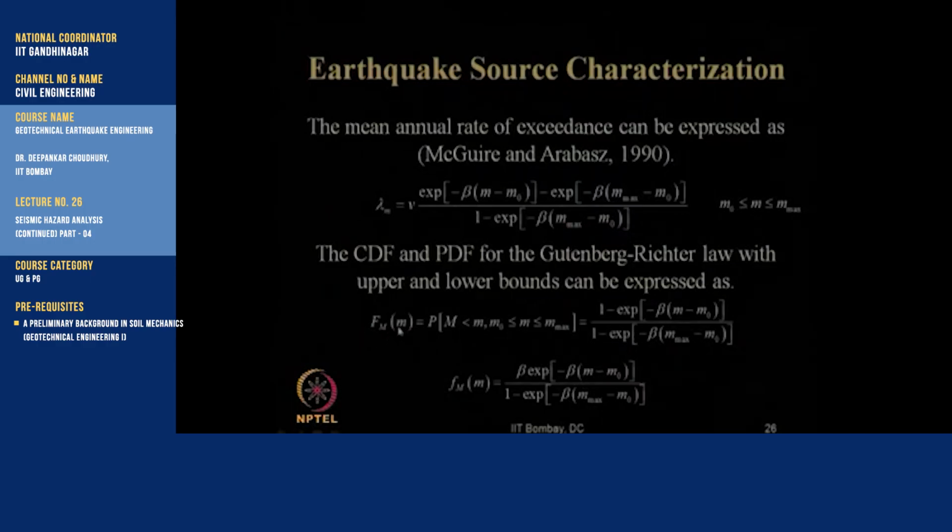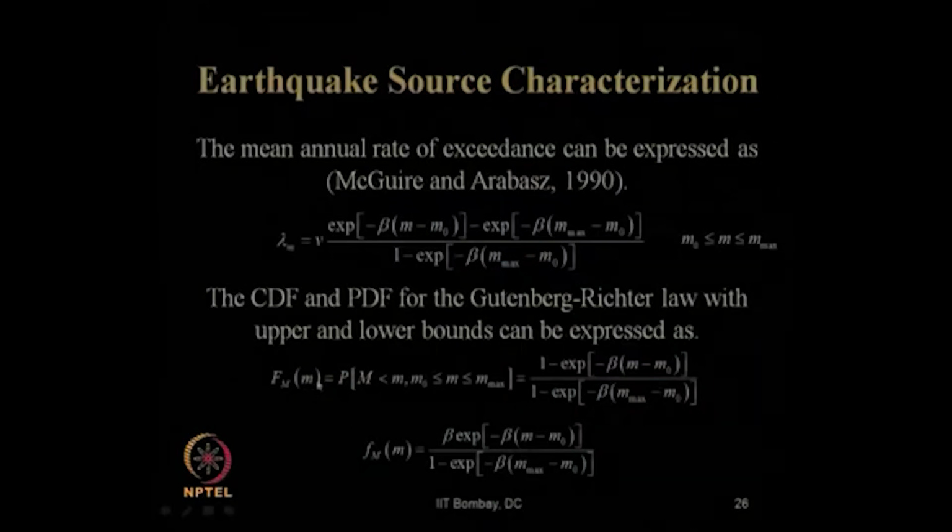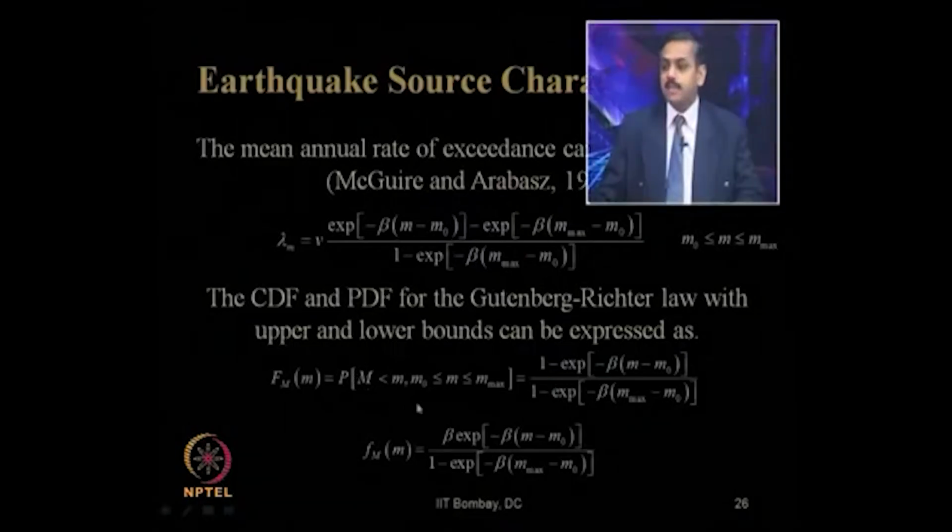F of m is the probability of occurrence of any magnitude less than the particular value small m which you select for your design, where small m should lie between the maximum value and the threshold or minimum value. That will be expressed as 1 minus e to the power minus beta times (m minus m naught), divided by 1 minus e to the power minus beta times (m max minus m naught). So, this F of m is expressed in this fashion.